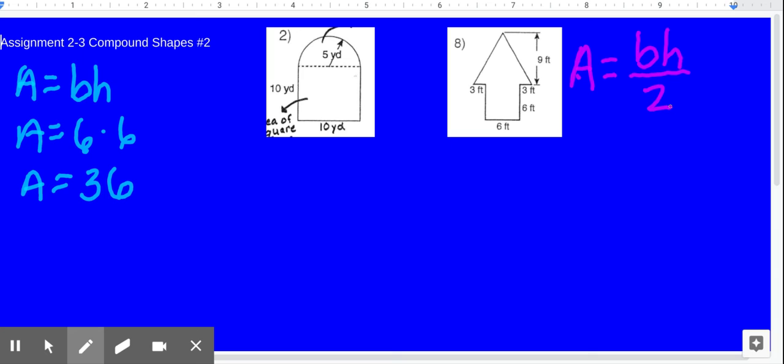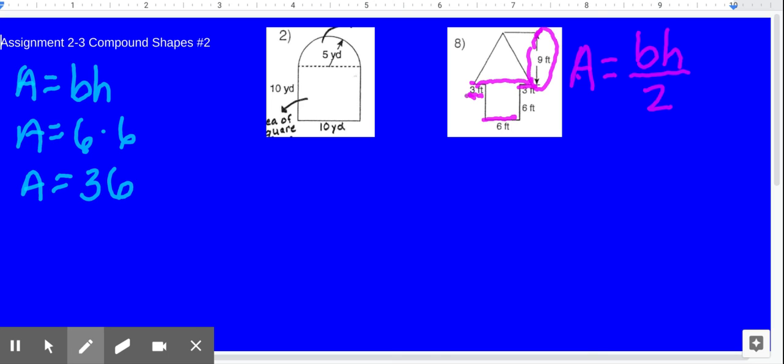So I know that the height is 9 because they're telling me that right here, but I have to do a little bit more computing to find the base. So the base is down here of that triangle. So I have 3 parts that are going to make up the base: 3 feet, 6 feet, and 3 feet. So the total base is 12 feet altogether.